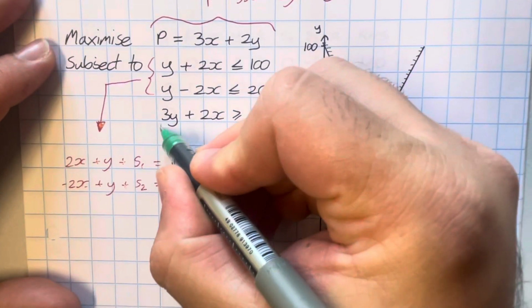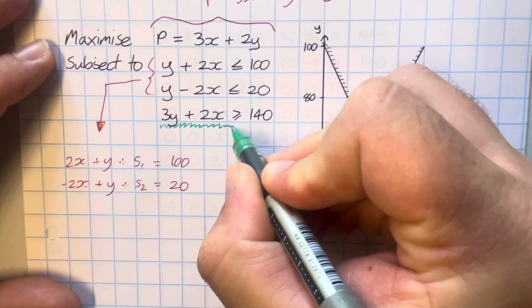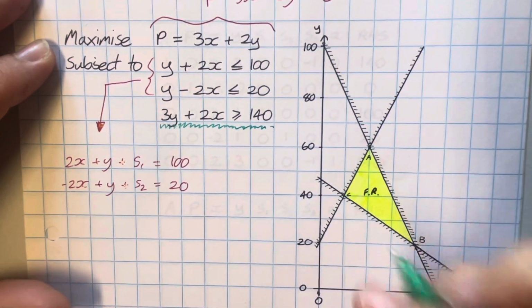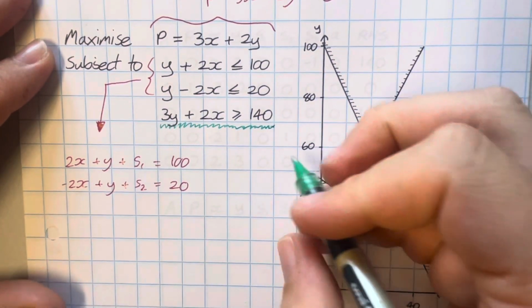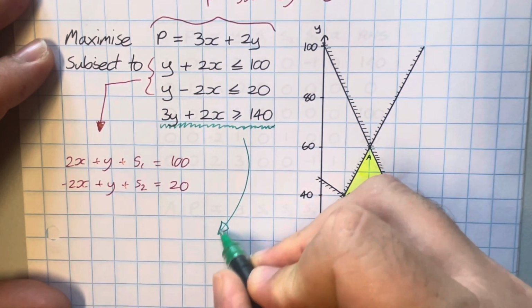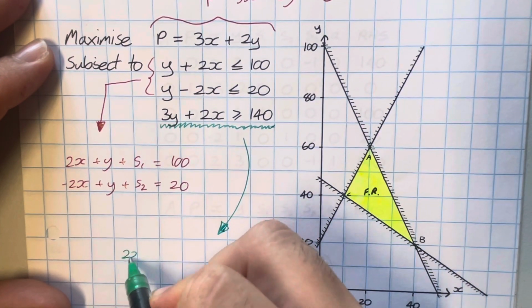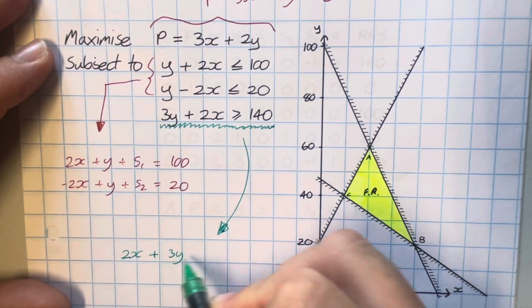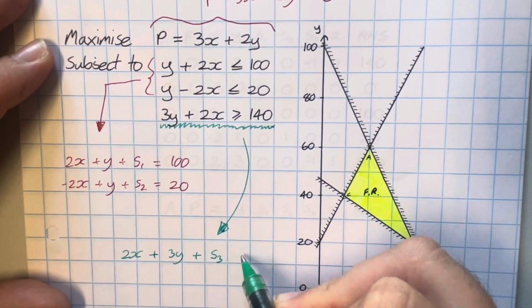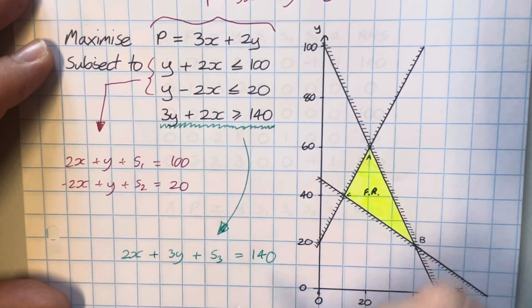The difference occurs with this one. Because the origin does not satisfy it, we can't just pop in a slack variable. If we were to do that, we'd end up with 2x plus 3y plus a slack variable equals 140, which looks like it might be okay.